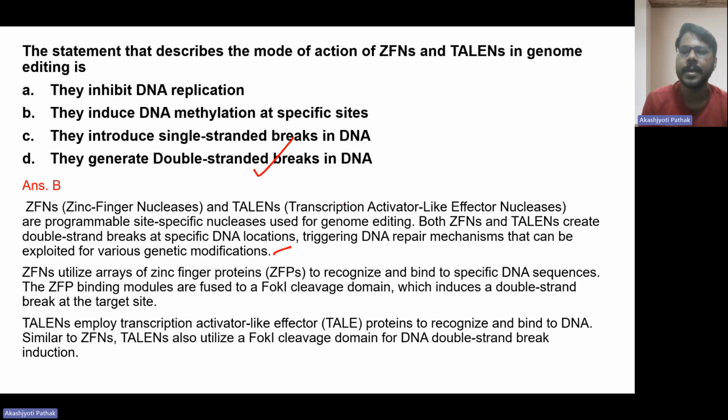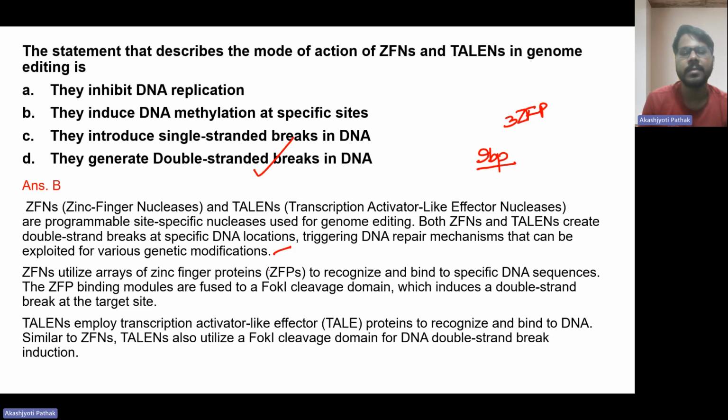If you want the zinc finger nuclease to recognize a 9 base pair segment of DNA, you will require 3 zinc finger proteins. These arrays recognize and bind to specific DNA sequences.